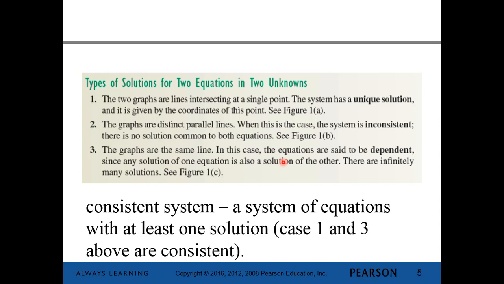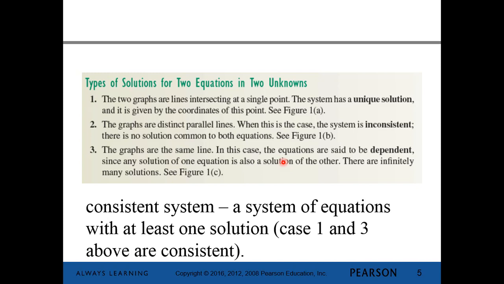There is no solution common to both equations, because if there was a common solution, the graphs would be intersecting. If a solution to one equation was also a solution to the other equation, they would be the same point on the graph. Parallel lines don't intersect, so there is no solution. We're going to see an example of that as well.